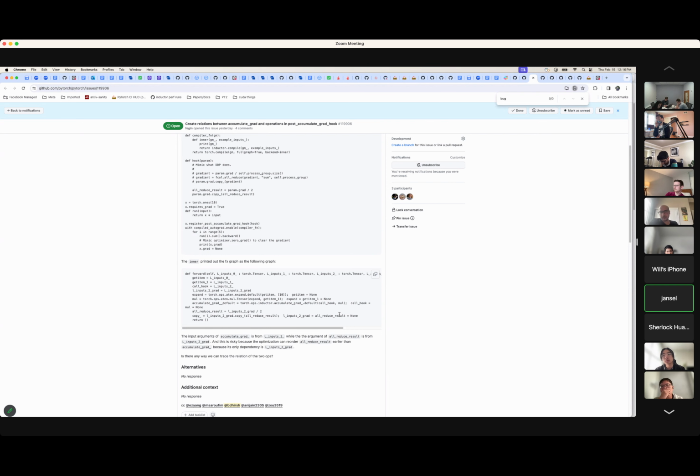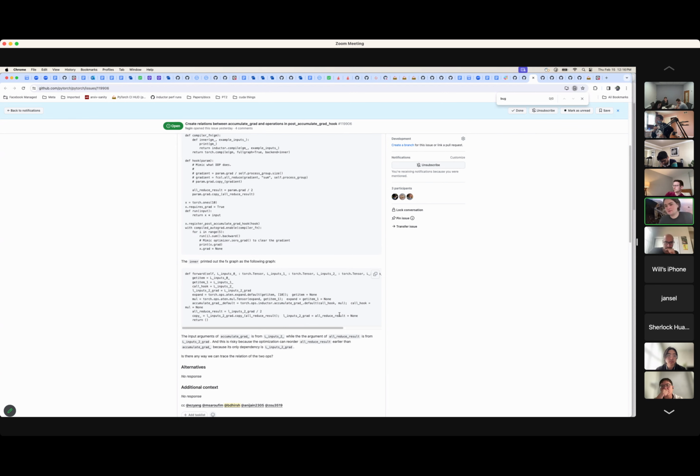So there are ways we could handle that. Currently in inductor, any op which ends in an underscore, we assume it's a mutation op, and we already will not reorder things across it. But I think a more complete proposal of how functionalization handles accumulate grad underscore is definitely worth considering.